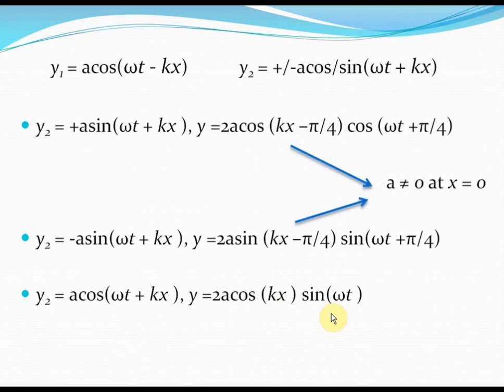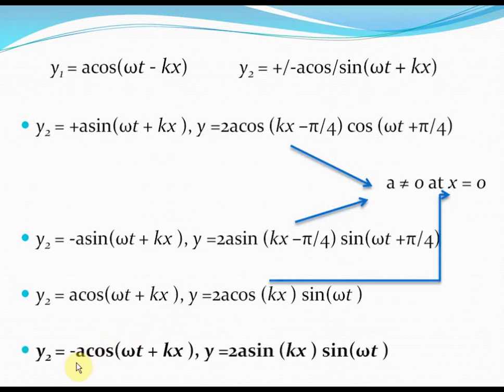Now again, this is the equation of a stationary wave with amplitude 2a cos kx. But again, the amplitude is not 0 at x equal to 0, because when you put x equal to 0 here, the amplitude will be 2a cos 0, that is 2a, but we want x to be a node. So we consider the final option, y2 equal to minus a cos omega t plus kx.